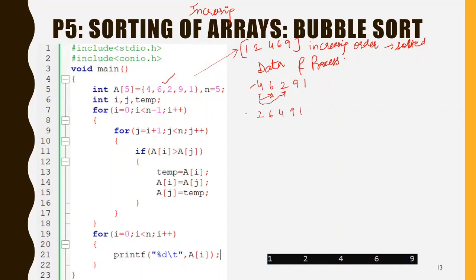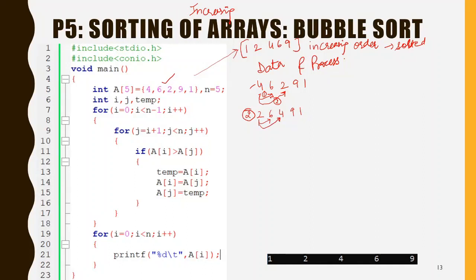Now this is step 1, and this is the result of step 2. In these two steps, the first element has been compared with 6 and then with 2.